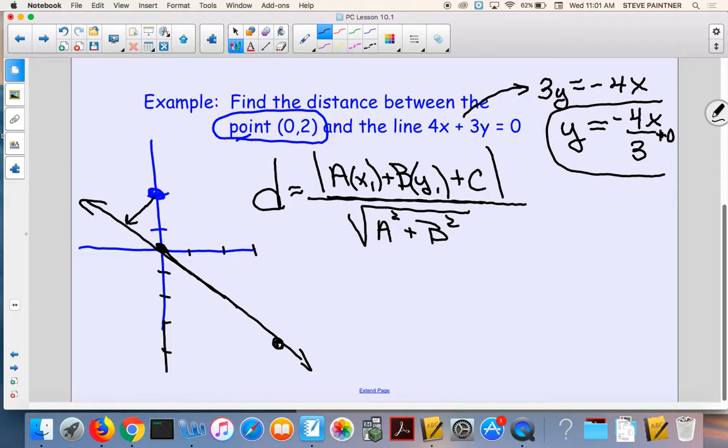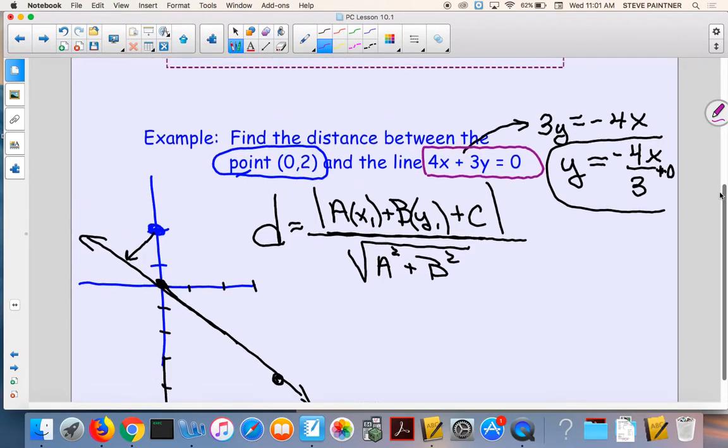Here's the formula. Is this right here in the form we want? Do we want it to look like that, where 0's on one side, everything else is on the other side? Yes. Isn't that it?